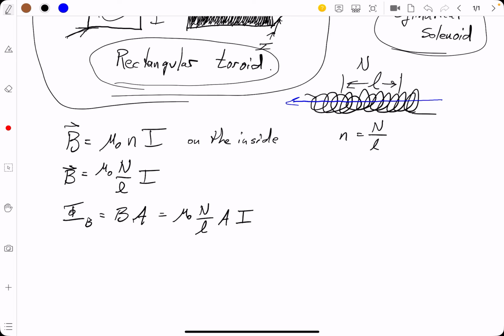When we take the derivative, all these things are constants, and the I will be the thing that gets the derivative.